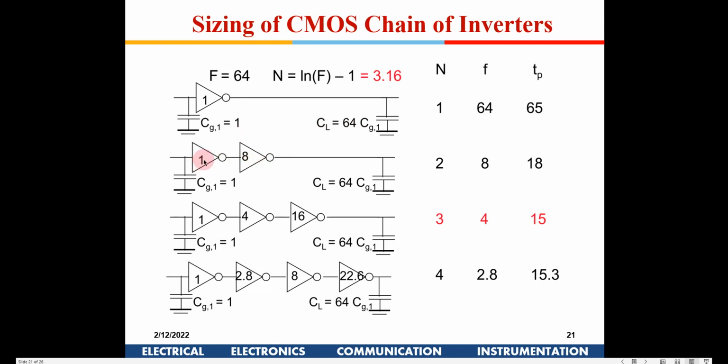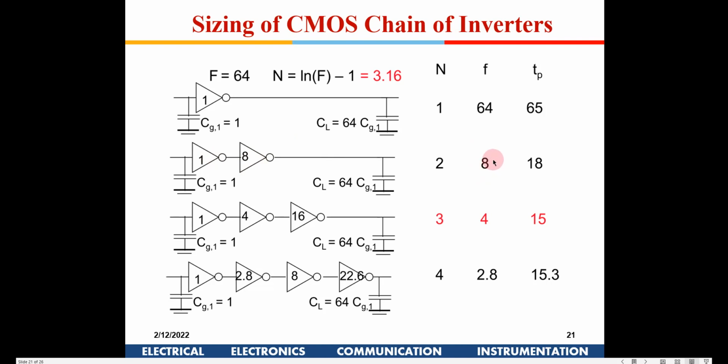If the minimum size Nmos is 400 nanometer, then the next one will be 8 times that, and Pmos will be twice of that. So let's talk only about Nmos sizing. Pmos is considered to be double of that. In this case, I have to use 8 times the size for this inverter.